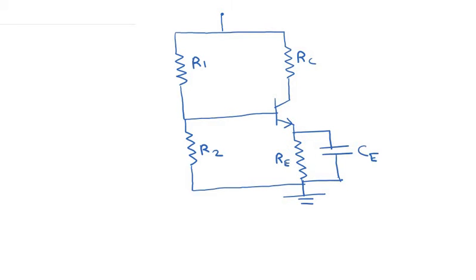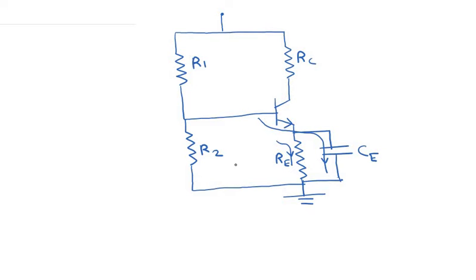Okay, because it is assumed that at the frequency of the AC signal, this CE would basically act as a short circuit. So the AC current would flow through this path rather than through this resistor RE.